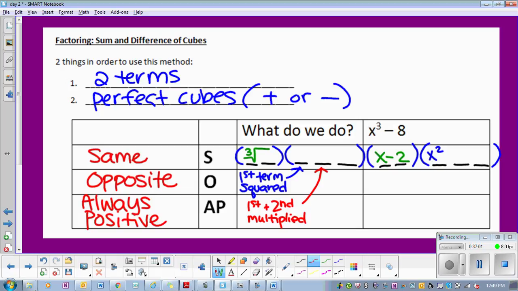Although, you know what? When you multiply it, don't multiply the sign. I shouldn't have put the sign there so early. X times 2 is what? 2x. Sorry, just bear with me. And then this last one is your second term, or your last term, squared.